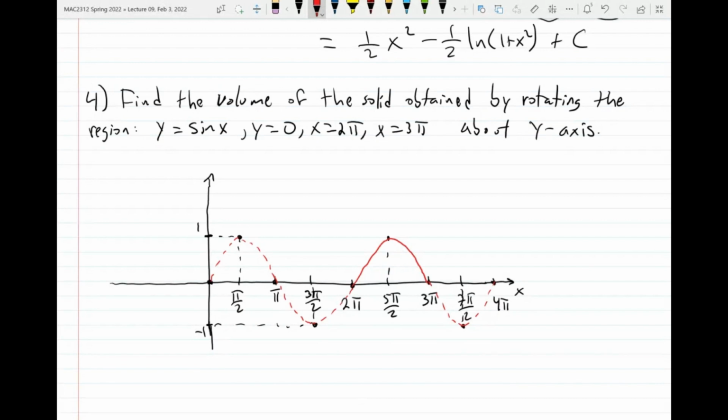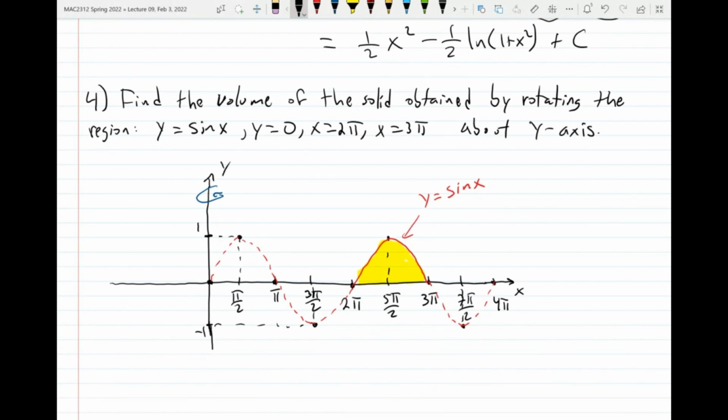All right, and then y equals 0, so that's the x-axis, and then from 2 pi to 3 pi. So that means that we're talking about this region right here. That's the region, and this one is the function y equals sine of x, and we want to rotate about the y-axis.